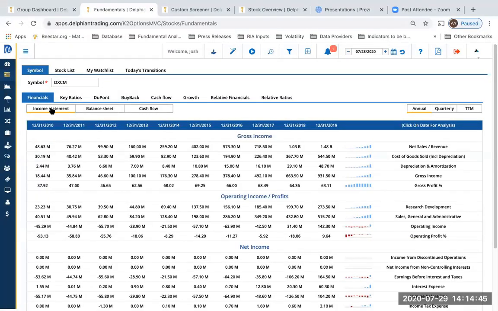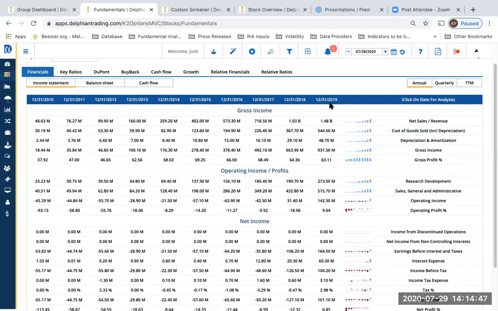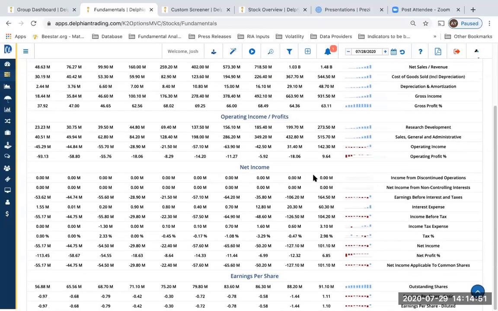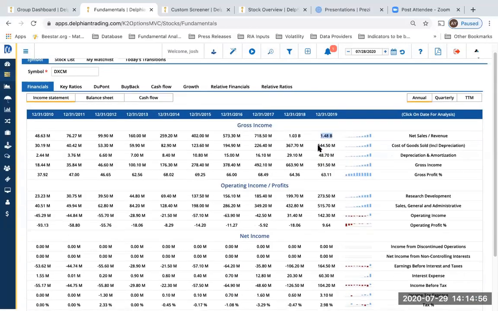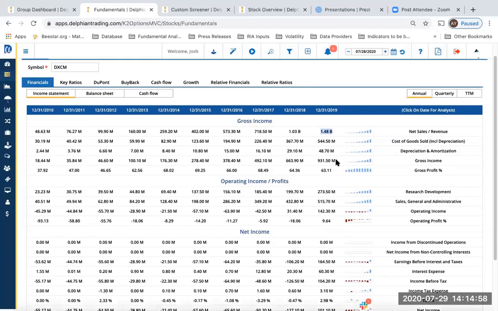If I go to this income statement annually, last year 2019, how they closed the books, I can see they brought in about 1.48 billion revenue, out of which they are able to preserve around 931 after taking out the cost of sales. This is the variable cost. The cost of goods sold is nothing but variable cost. So if revenue goes to 2 billion, then this will rise.